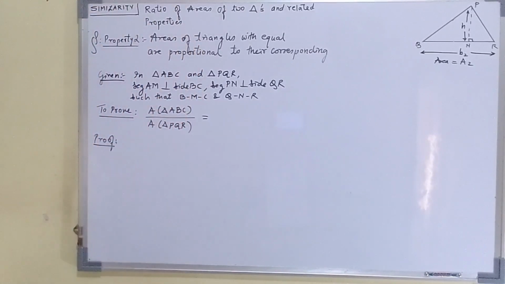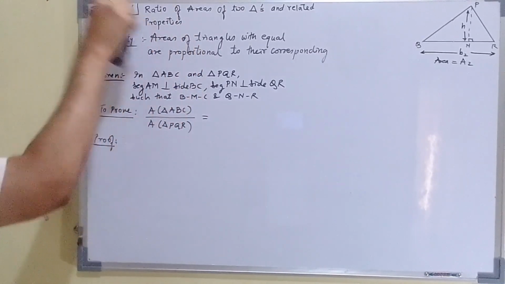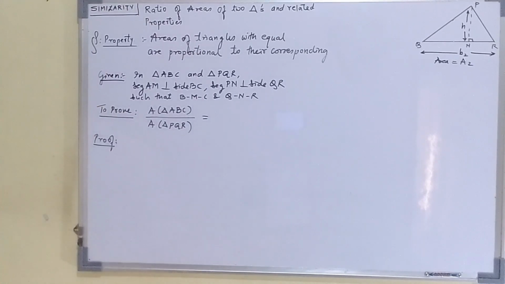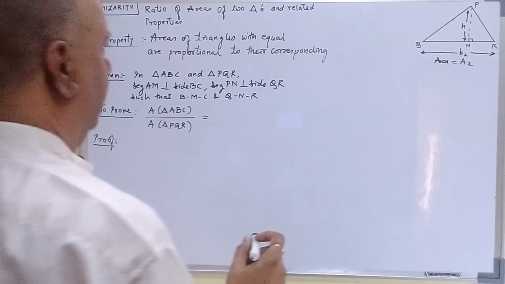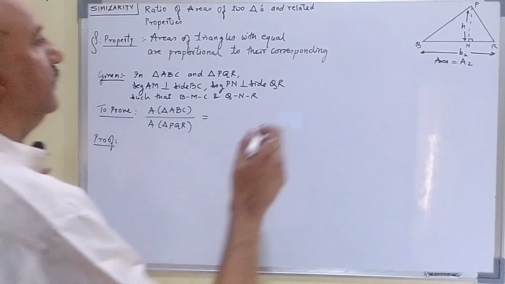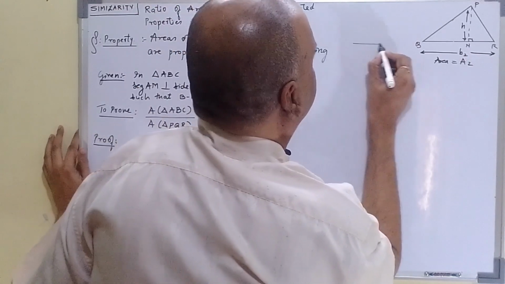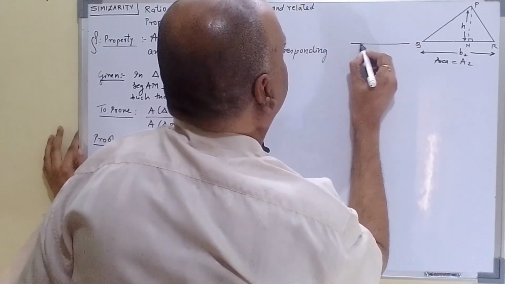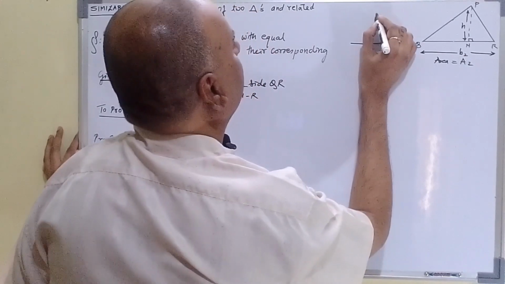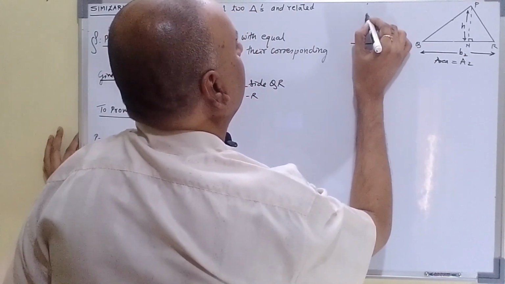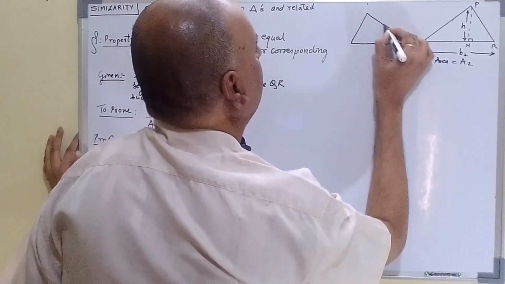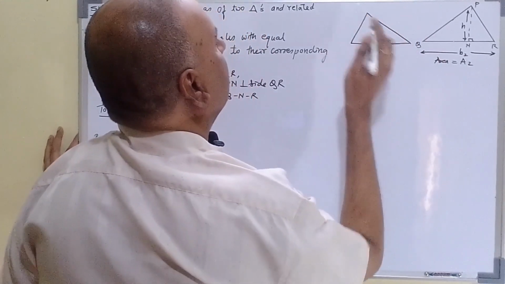Other things remain the same. Now we're going to go for property number 3. Now this base is going to be the same. Height will be unequal.